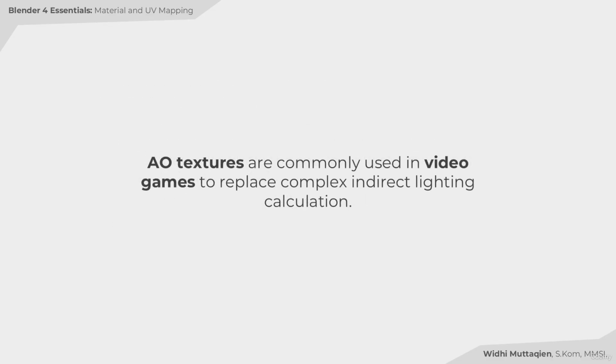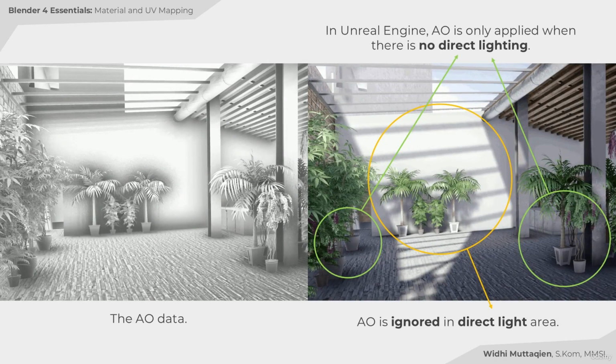Most people who are using AO textures are using them for game development. Game engines such as Unreal Engine support the use of ambient occlusion textures. The way these game engines work with AO texture is that they display the texture only when the surface is not hit by direct lighting.